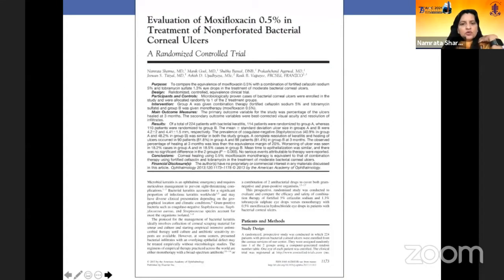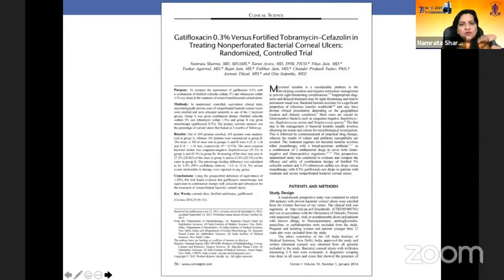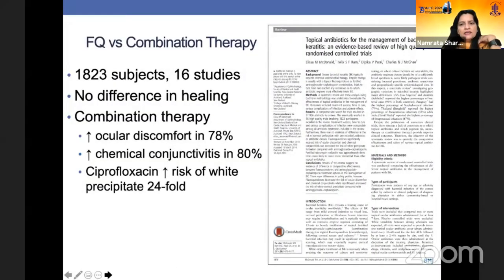These were the two randomized control trials that we did comparing moxifloxacin with the combination therapy in microbial keratitis for mild to moderate ulcers, and likewise gatifloxacin with combination therapy involving 200 plus patients. And this is again a study which looked at 1,823 subjects, 16 studies.